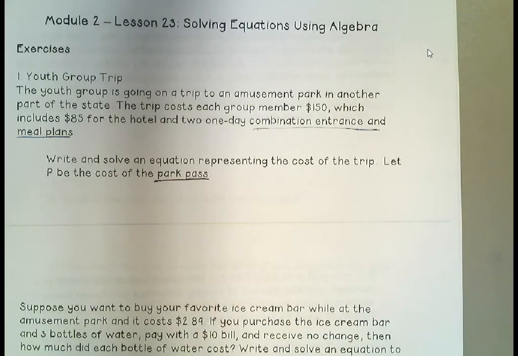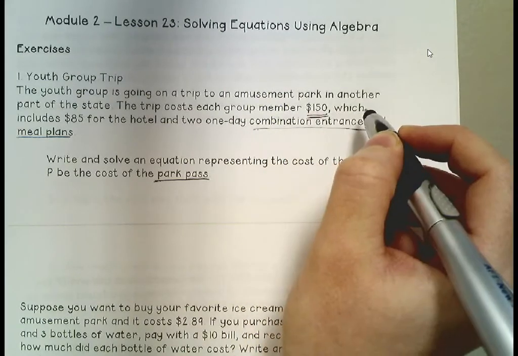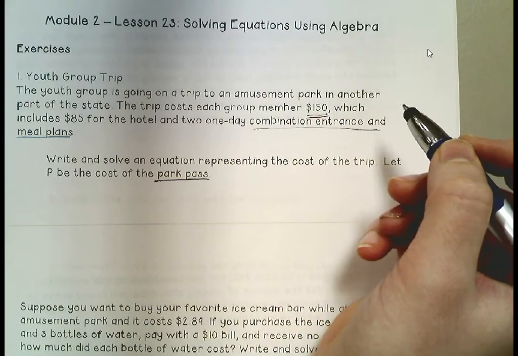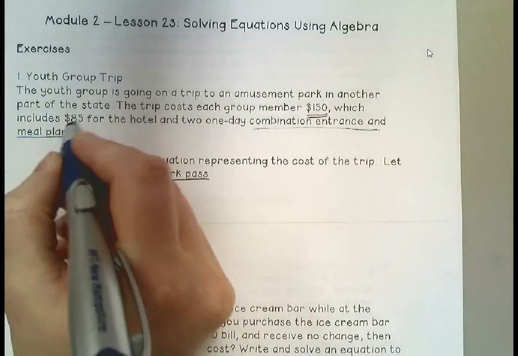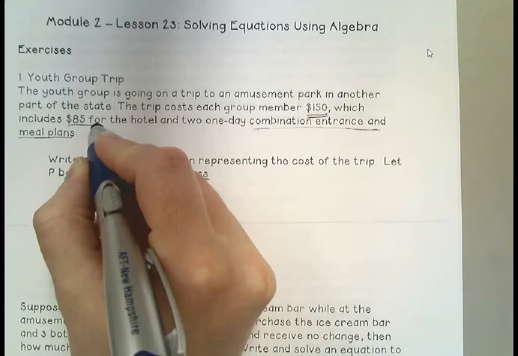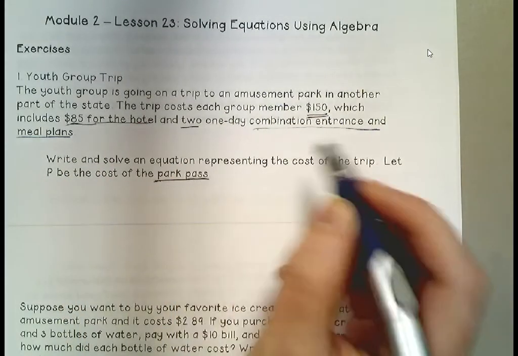So we know that the trip costs each group member 150. And in that 150, we have 85 for the hotel and 2 park passes.